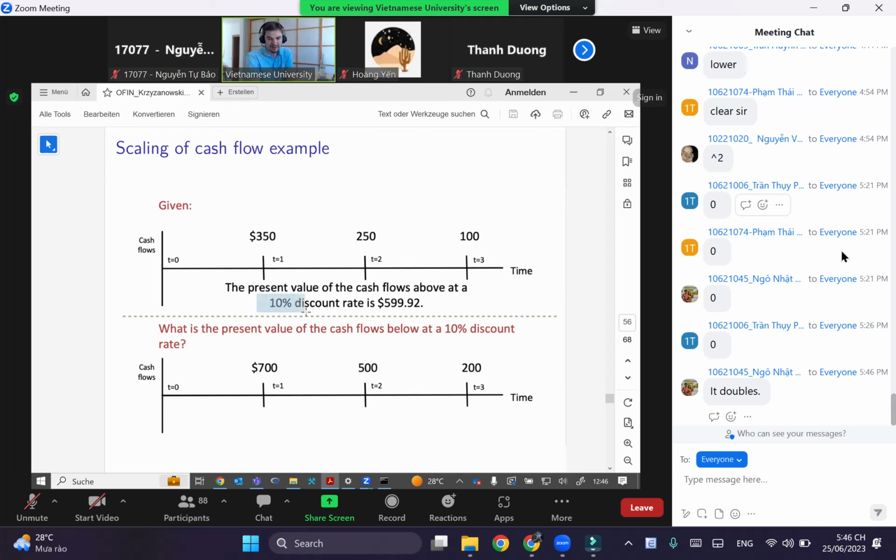When we have a 10% discount rate, you can follow up and recheck this yourself. The present value of this stream of cash flows would be 350 divided by 1.1, plus 250 divided by 1.1 to the power of 2, plus 100 divided by 1.1 to the power of 3, which would give you a present value of 599.92.